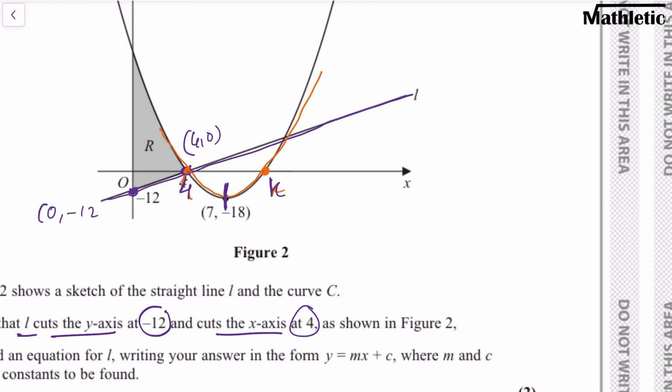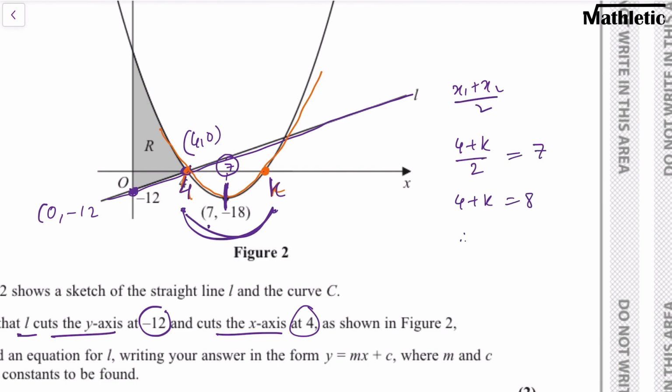At the middle, the x coordinate is 7, so 7 should be the midpoint of these 2. So it's 4 plus k divided by 2, as in x1 plus x2 by 2, equals 7. So k is actually 10. So that's part B.